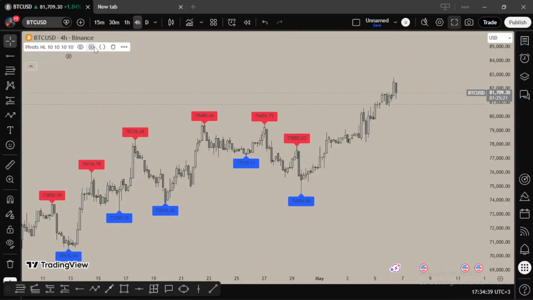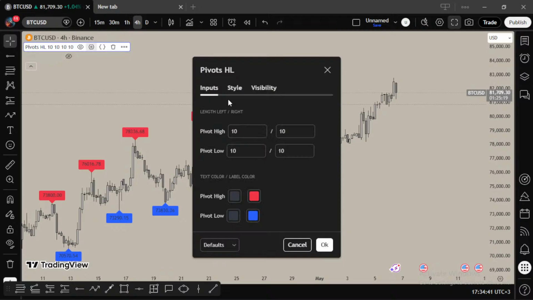Then you move into the inputs, and change the periods to 10, and for pivot high you maintain the color black, and also the low you maintain the color black. Now because in the highs we have sellers, we want to place red at the seller's point and blue at the buyer's point. Do you understand that?